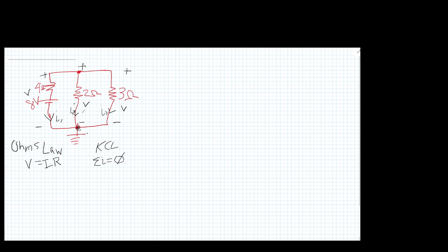So according to Kirchhoff, that means I sub 1 plus I sub 2 plus I sub 3 is equal to 0.